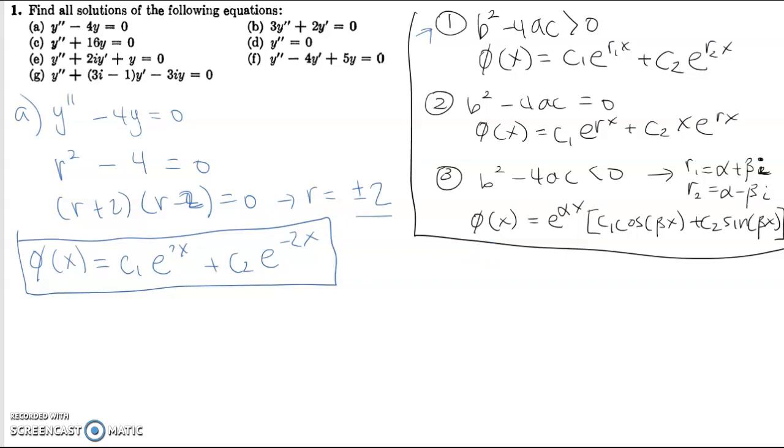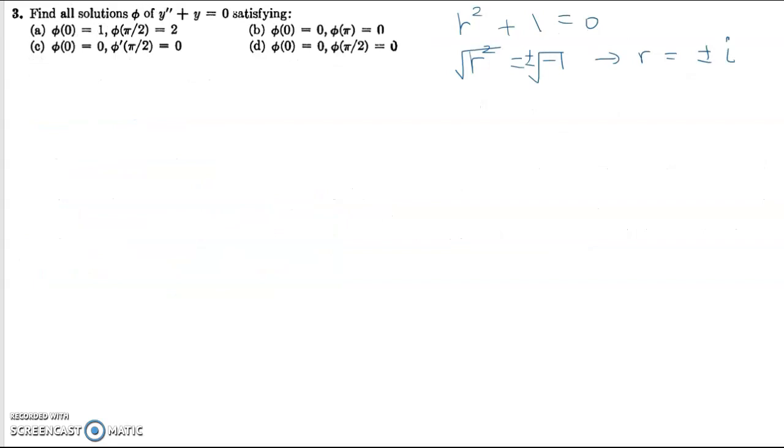And if I look at parts A, B, and C, they involve the pi over 2's, so probably I want to write my answer in terms of sine and cosine. Okay, so let's go ahead and do that.